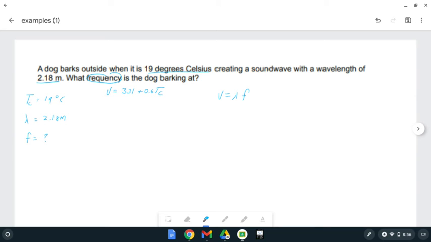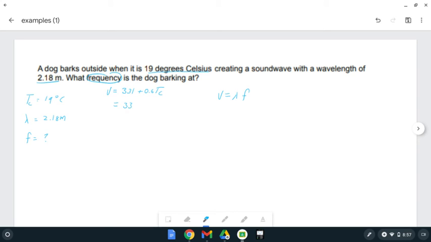That will always allow us to solve. If we have the temperature, we can solve for that velocity. Once we have the velocity, we can then plug it in over here to get our frequency.